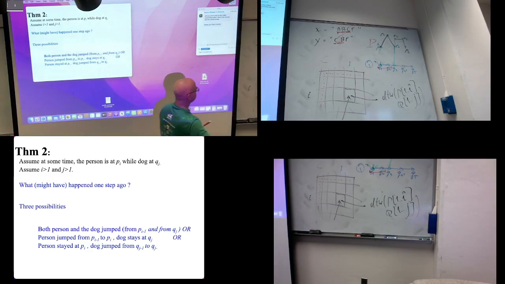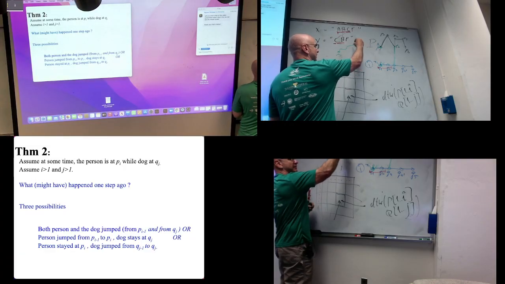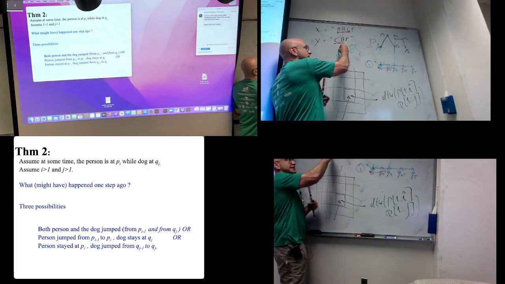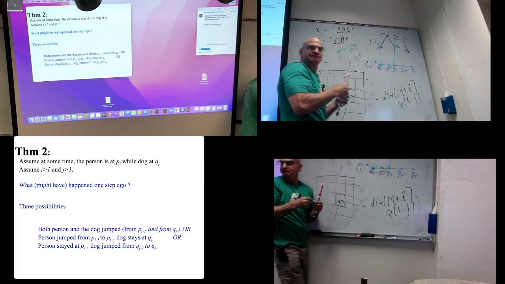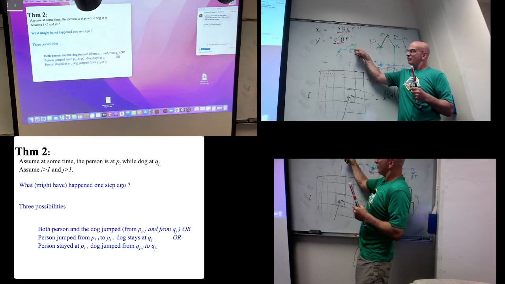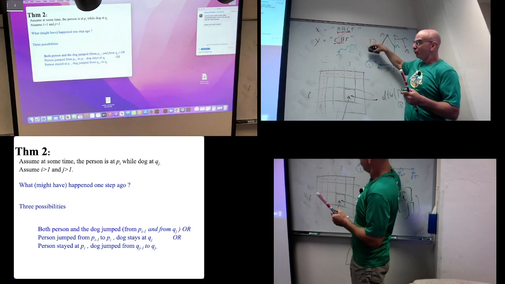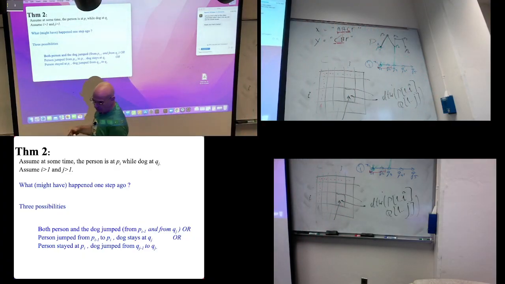I don't know if the shortest path from S to T will actually go through Vi, but if it will go through Vi, then I'll use the shortest path from S to Vi as part of my whole shortest path. So here, I don't know that the dog and the man will be at this particular i and j, but let's assume that yes.